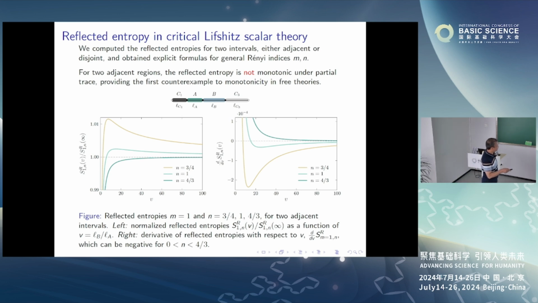We see that it is negative when n is smaller than 4 over 3, and it's negative in this area. This is a numerical study for general omega.